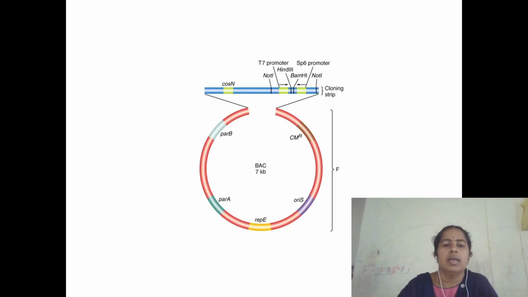So this is the diagram showing the various regions. This is the replication region and this is the origin region. Then we see ParA, ParB and ParC, which have to be cloned into various things. Here we have the various promoters, T7 promoter, SP6 promoter, and BamH1 sites, and this is the cloning site.